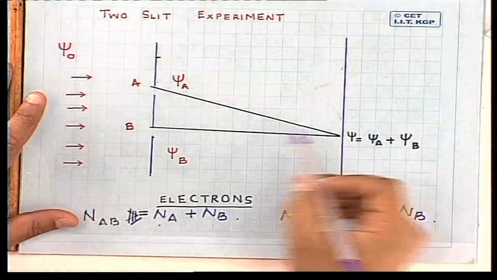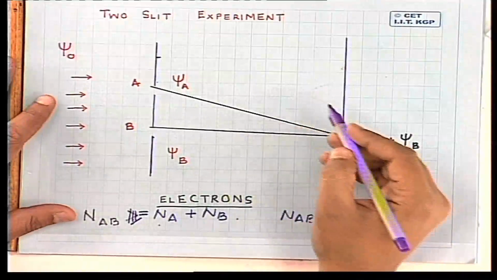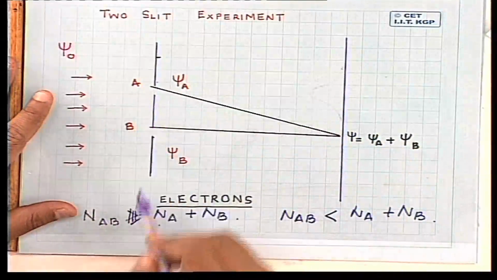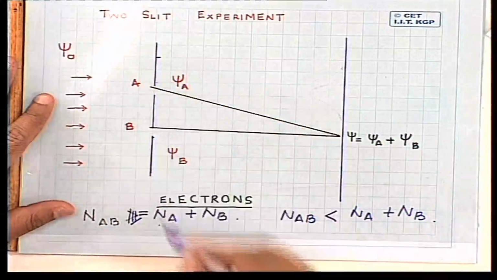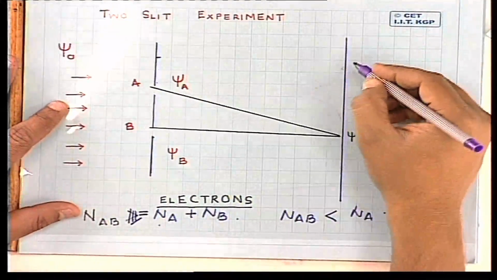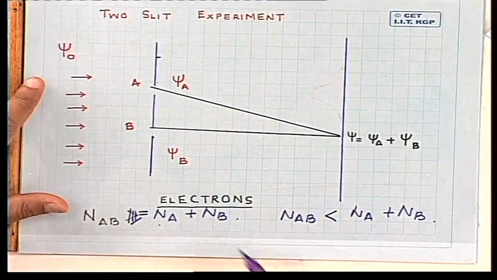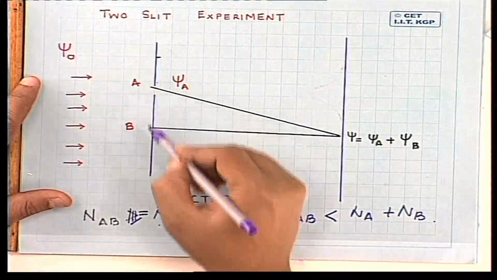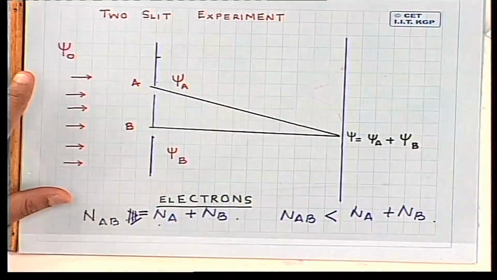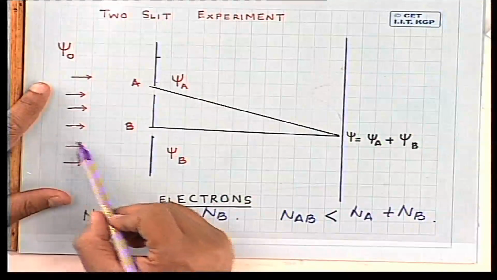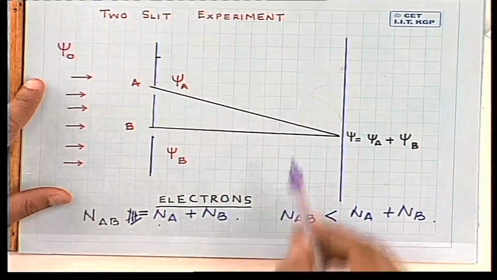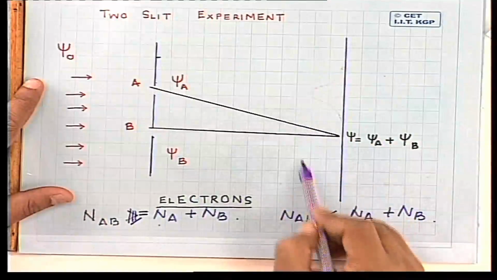It is observed that if you do such an experiment, if you put detectors over here and then try to see what happens on the screen, the moment you put detectors over here and here to record if the electron went in through A or through B, you no longer get the interference pattern on the screen over here.